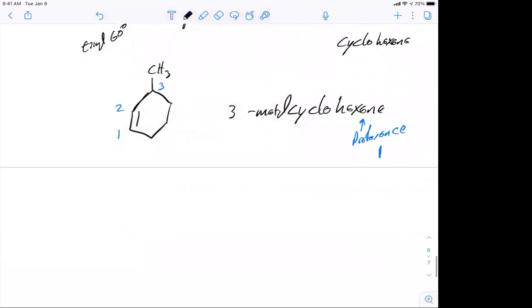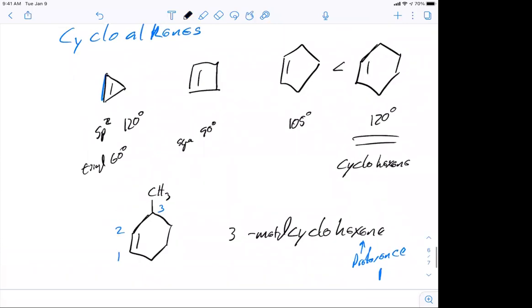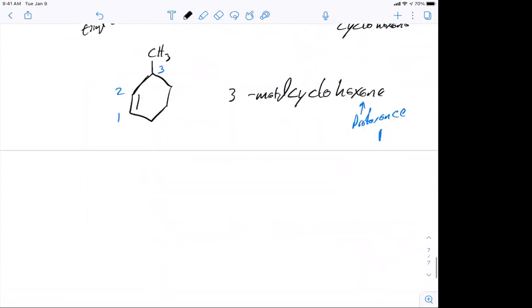The other thing with stability, so if we look at it, this is going to be much more stable because 120 degrees matches the sp2. If we look at other items, right? So let's say we get to, I'm fixing to draw a 6 and I meant to draw an 8.